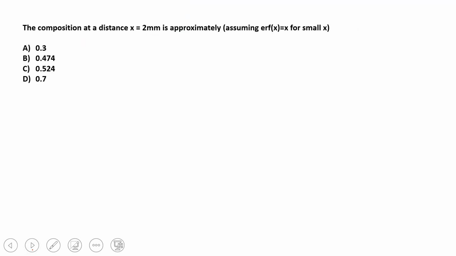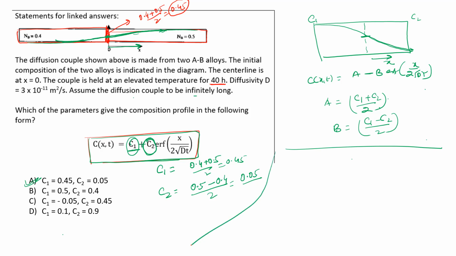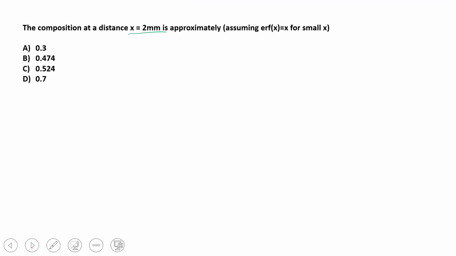Now next question. The composition at a distance x equal to 2 mm is approximately. So at 2 mm we need to find. So we have the equation, so we shall solve over here. So C at 2 mm at time 40 hours, right, is equal to C1, it is 0.45, plus 0.05 and error function of x divided by 2 root Dt.